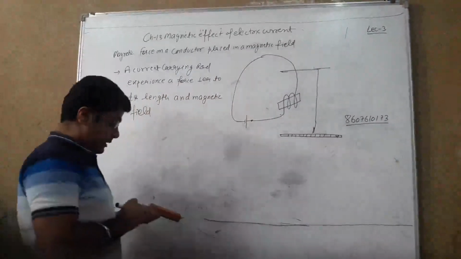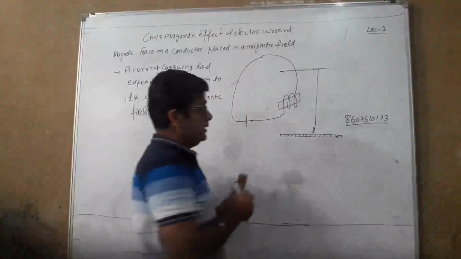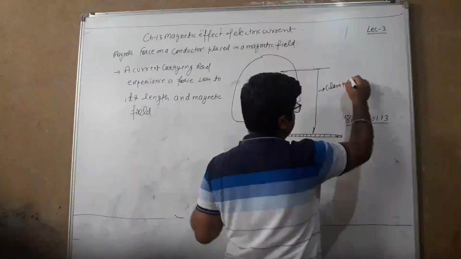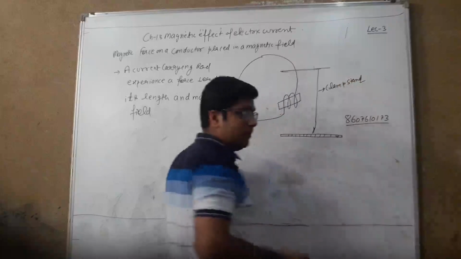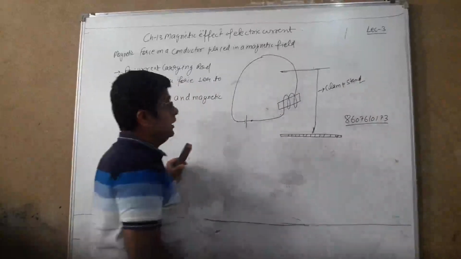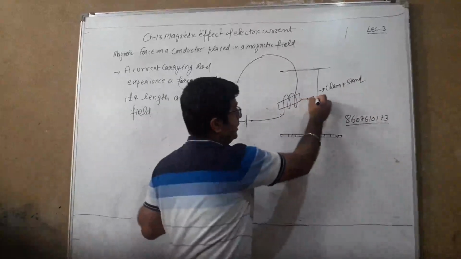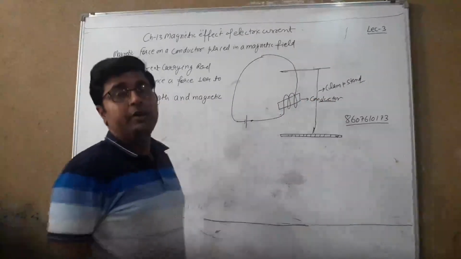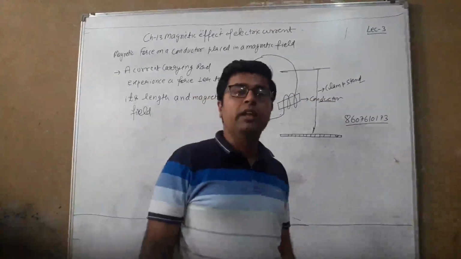So here we have our clamp stand, as you have in your chemistry lab. And here we have our conductor. It may be of anything, it may be of soft iron core.